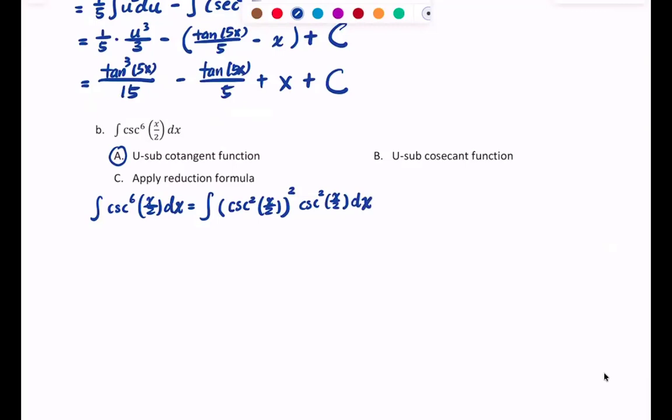We break 2 of the 6 to go with dx, set up for the du. And then with 4 left, we write it as squared squared because we want to use the trig identity to convert it to cotangent. So that's 1 plus cotangent squared. That will give you cosecant squared.